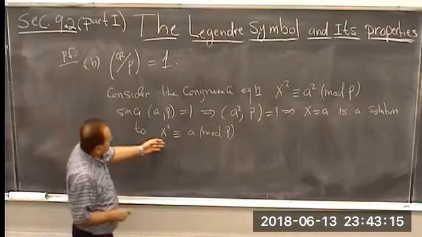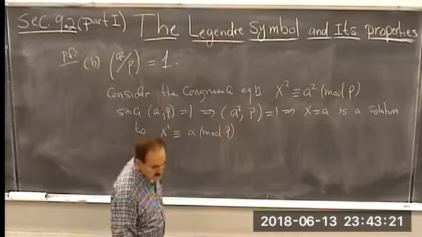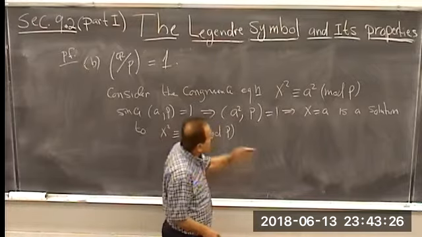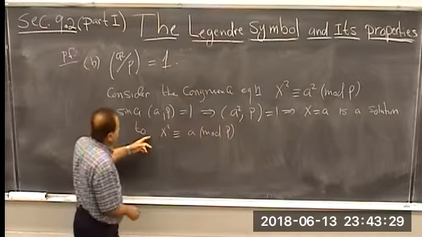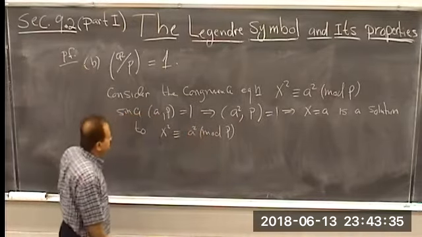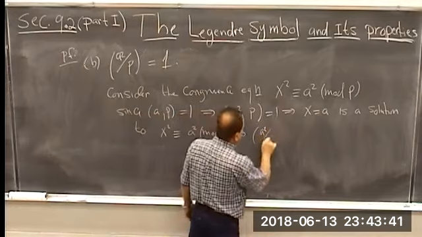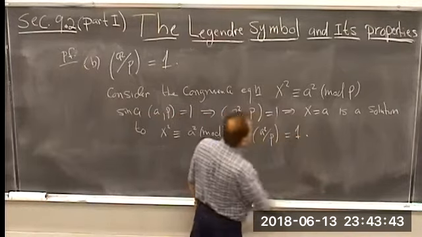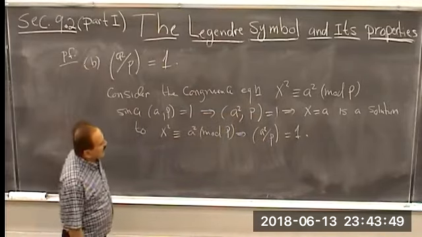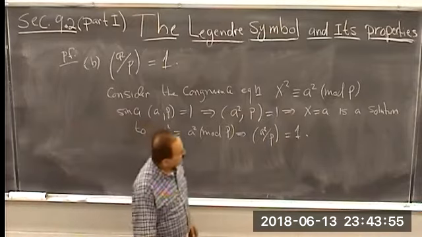When you substitute for x by a, x equal a is a solution to this, and this implies that (a squared by p) is equal to 1. Now we're going to reprove this one using the multiplicative property of the Legendre symbol. But the proof here is very, very straightforward.